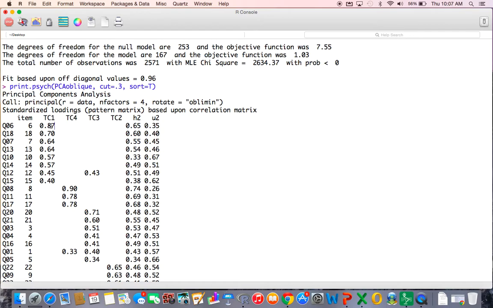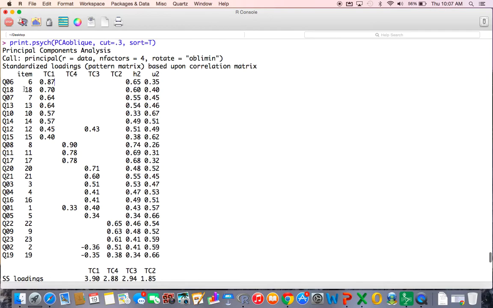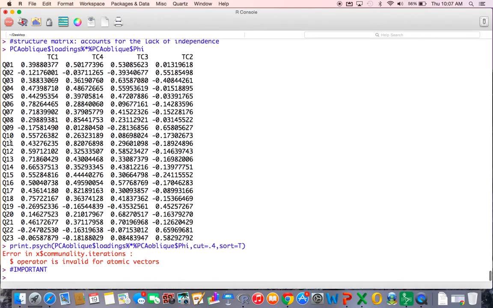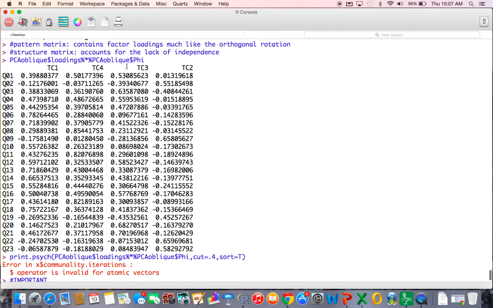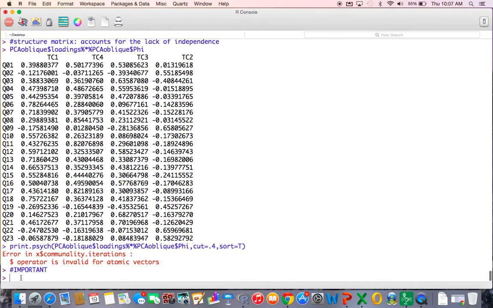Notice the big difference: for PCA loadings, factor loadings, the rows are the questions, the variables. But when we get factor scores, we're still going to have a similar look across the top. We're going to have our components, but the rows are going to be the subjects of the study. So each student, all 2,751, I think it was, will have a factor score on each of the factors. So that's a huge difference there.